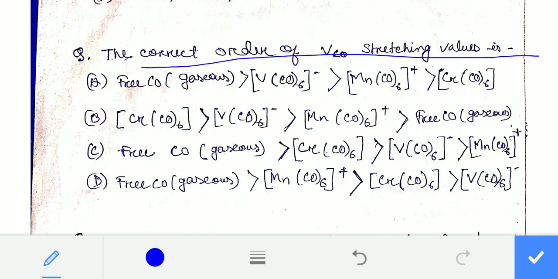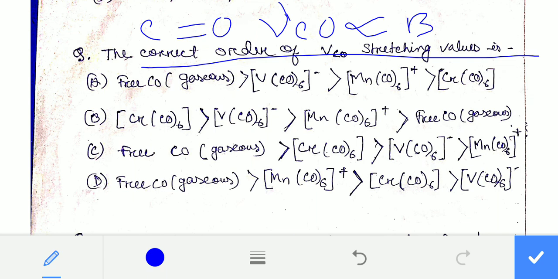The correct order of carbonyl stretching values for the following compounds. So the correct order of C≡O bond stretching. Since we know that bond stretching frequency, let's take here νCO, that is the carbonyl bond frequency, is directly proportional to its bond order.